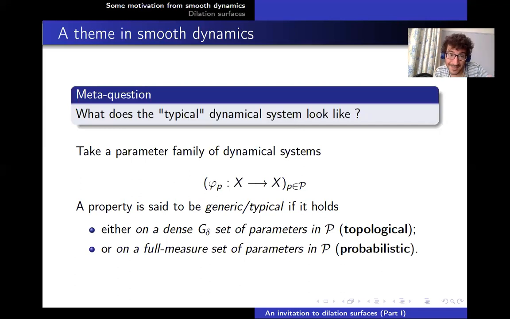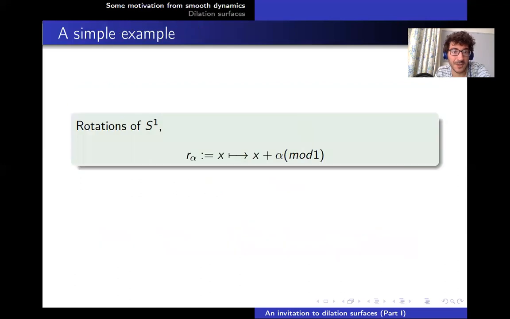So let's just see how this works on very simple examples that you might all know. Taking arguably the simplest family of dynamical systems that you can think of, you take the circle, R mod Z, and you take rotation: X plus alpha, reduced mod 1. So this gives you a one parameter family of nice dynamical systems.